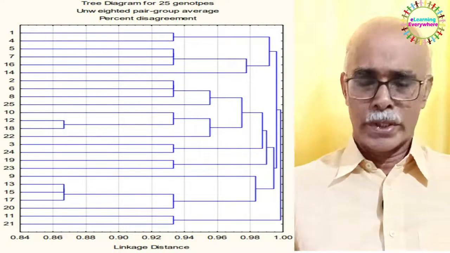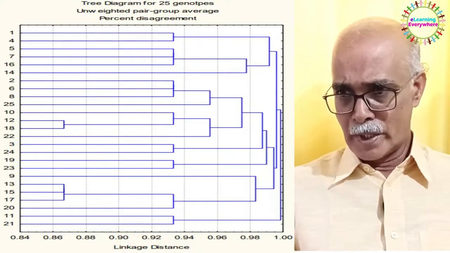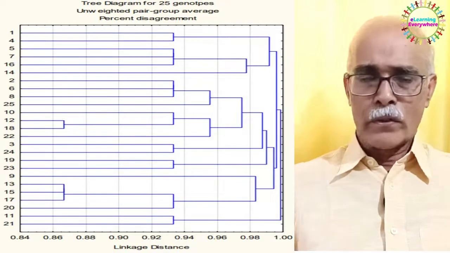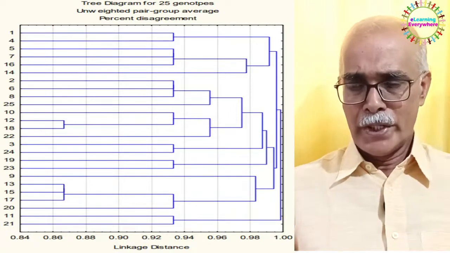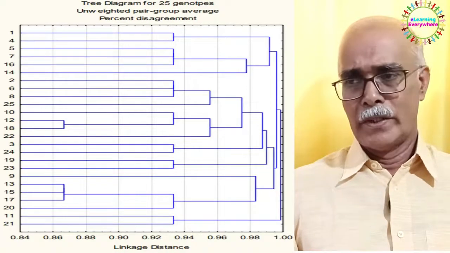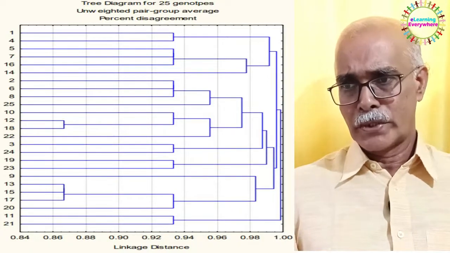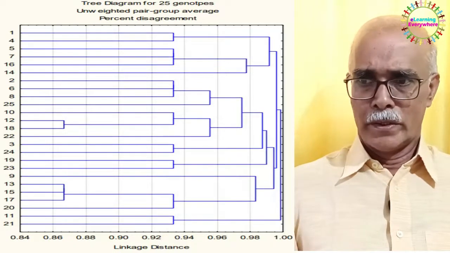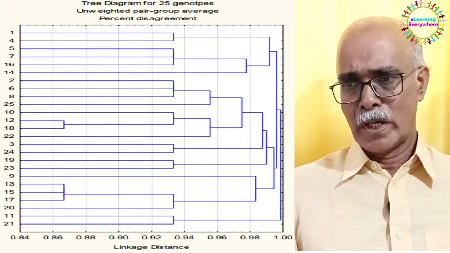Interestingly, the most distant genotypes in this case are genotype 11 and genotype 21, and of course genotype 1 and genotype 4 also, although they belong to the second major cluster, at a very early level, they are again getting split into subclusters and finally ending in two genotypes, genotype 1 and genotype 4.